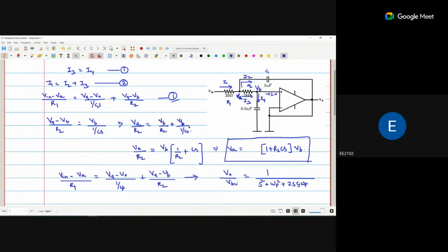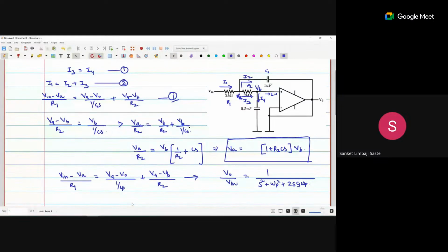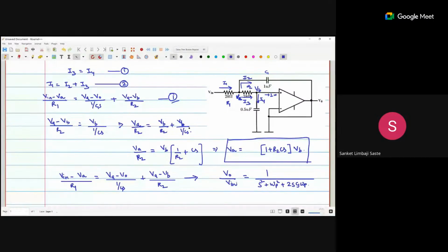But the form changes here. In the lecture, sir wrote the equation where the coefficient of s squared is 1 by omega p squared, and the zeta term is not in the equation; instead there is the Qp term.